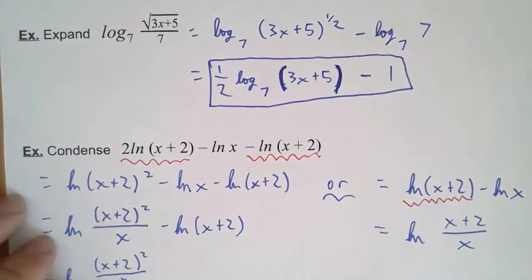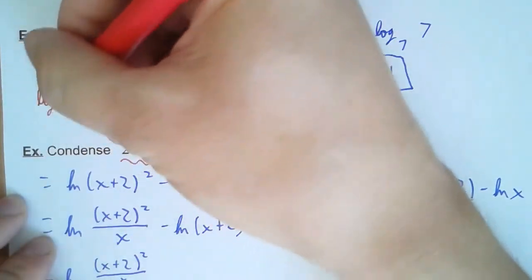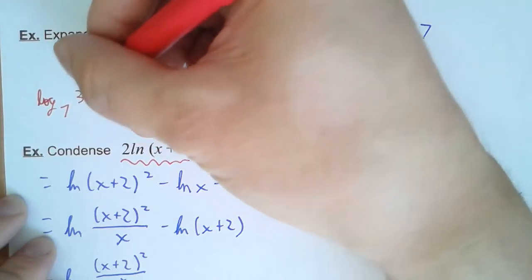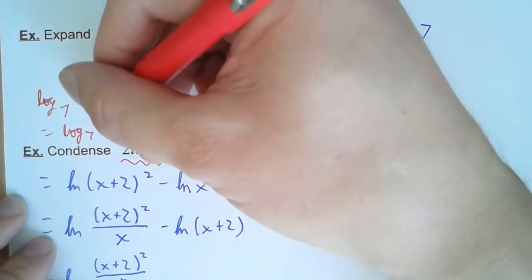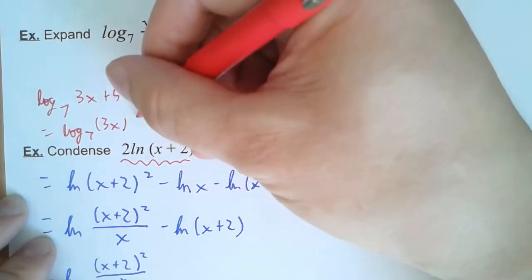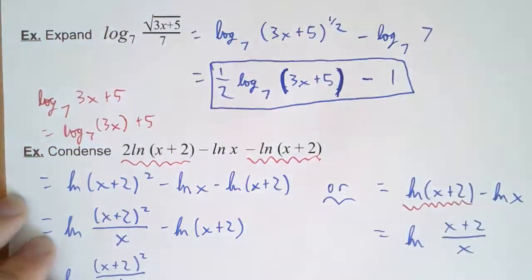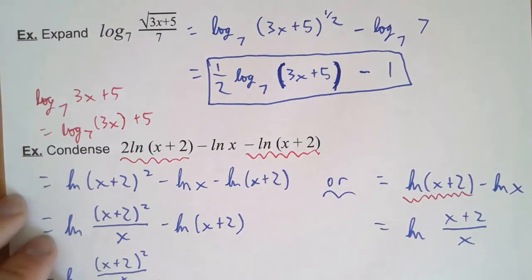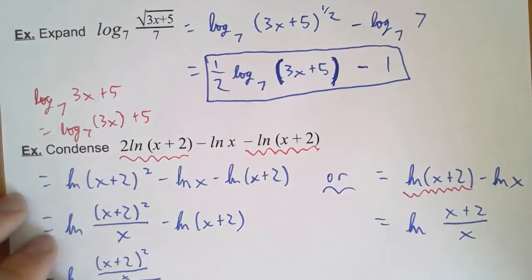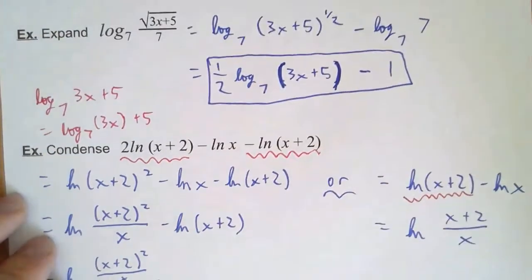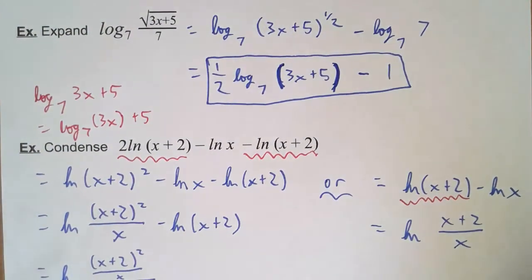If you didn't have the parentheses, if you had log base 7 of 3x plus 5, that would be log base 7 of 3x, and the plus 5 would just kind of be hanging out there, not in the log. So it is very important that we still have those parentheses there to indicate that the whole 3x plus 5 is inside the log.